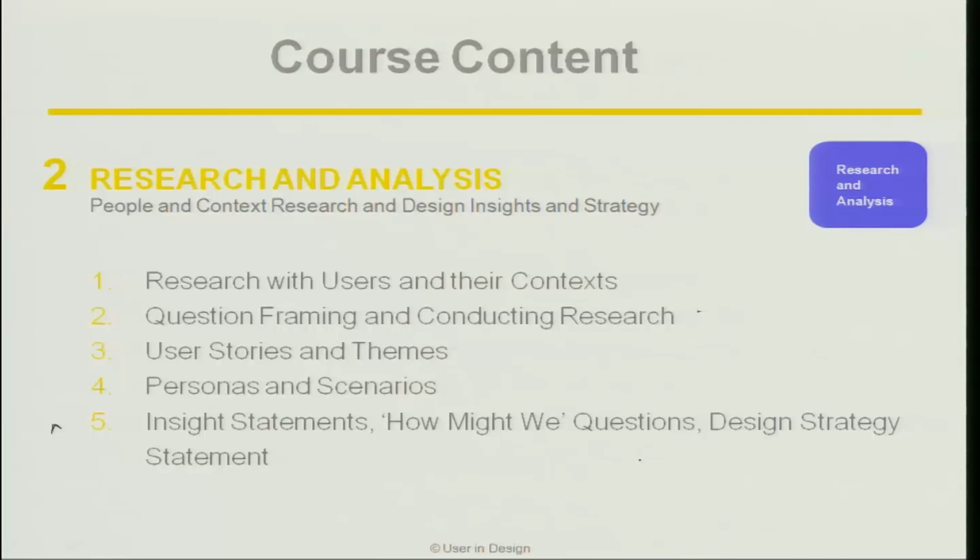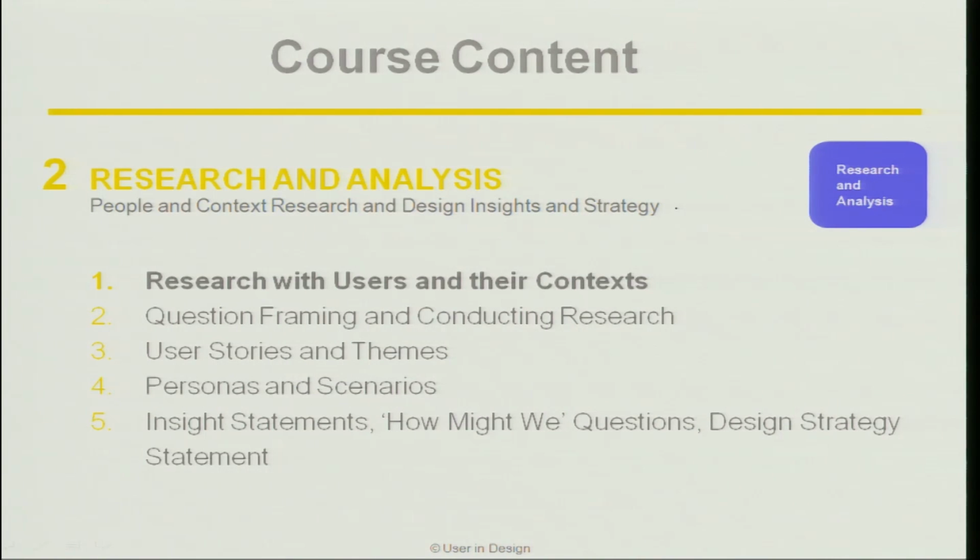And then creating a design strategy statement. What is the overall strategy of our design? So that is the plan for this section: research and analysis, people and context research, and design insights and strategy.